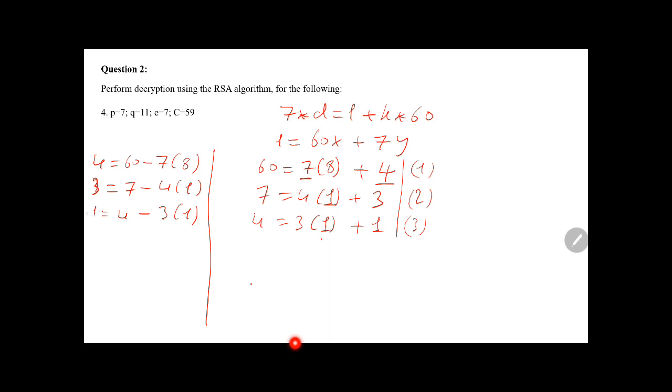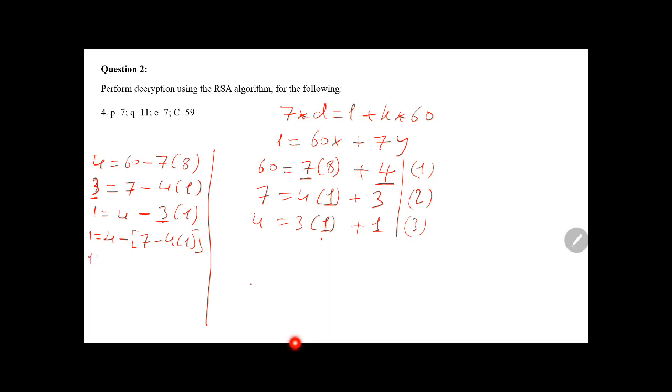So we substitute this equation, which is equal to 3, into this one here. So it will be 1 equals 4 minus, we open a bracket, 7 minus 4 multiplied by 1, and all multiplied by 1 outside here. So we open up the brackets by multiplying the negative sign.